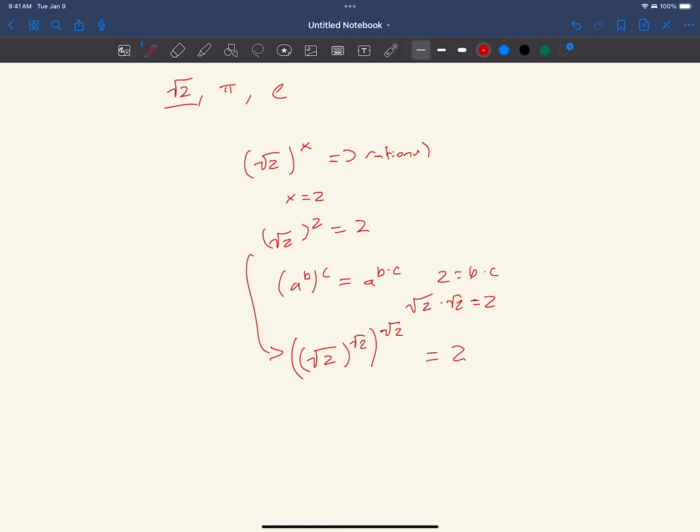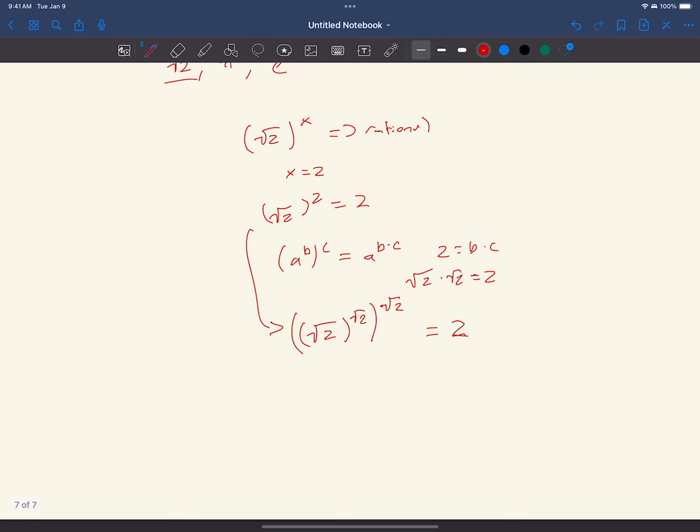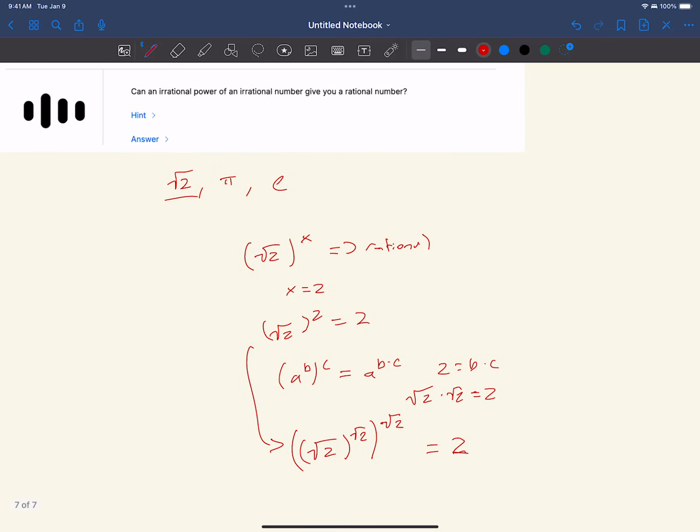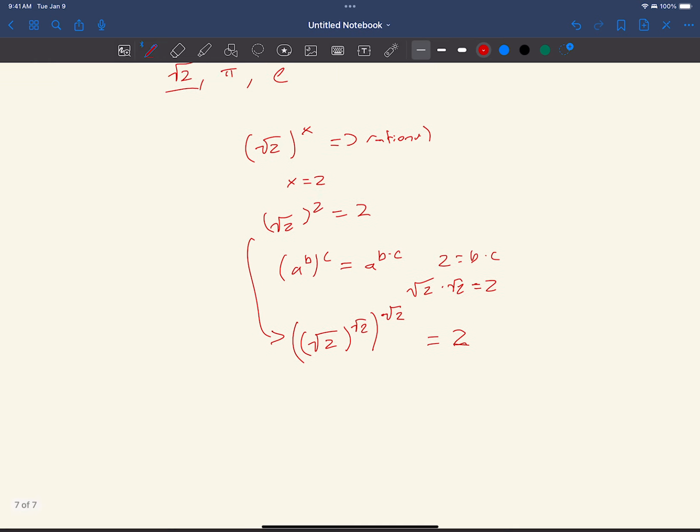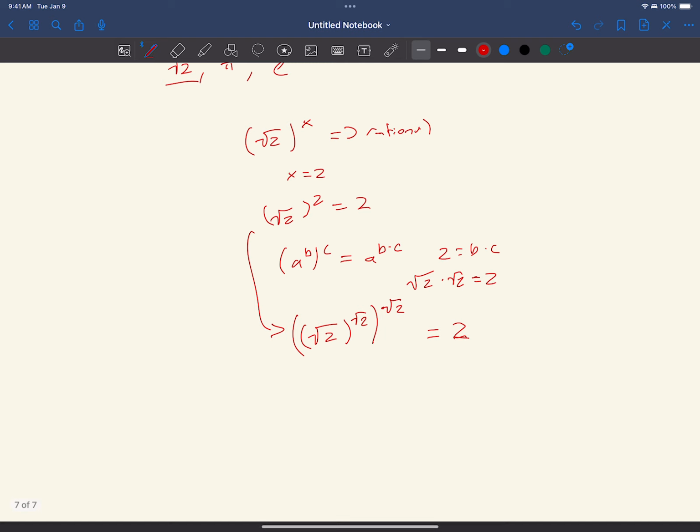We know this is equal to 2, because square root of 2 times square root of 2 is 2, and square root of 2 to the 2 is 2. So this is rational. This works. Now the statement asks us to prove that an irrational number to an irrational power is equal to a rational number.